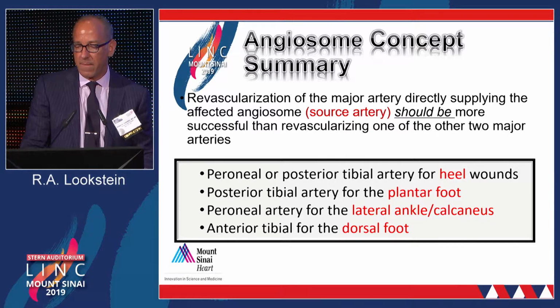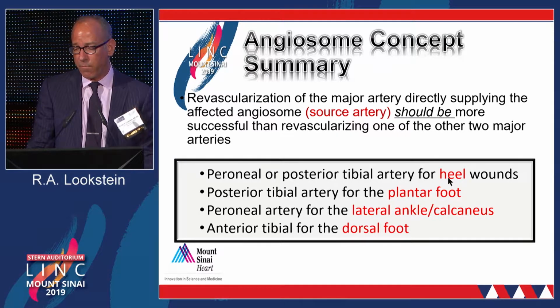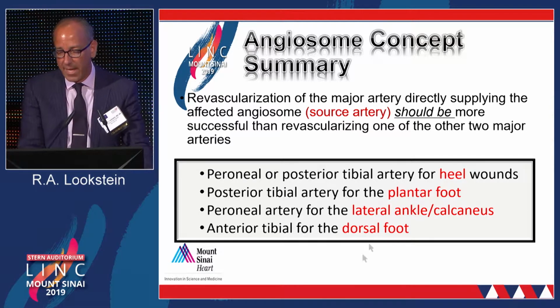And so, again, you should want to directly perfuse the tissue supplying that area over another area in the foot, a so-called indirect revascularization. For heel wounds, you would ideally want to revascularize the posterior tibial artery. For the plantar foot, the lateral plantar vessel to be specific, the lateral ankle, the peroneal artery, and then the dorsal part of the foot, the anterior tibial artery.